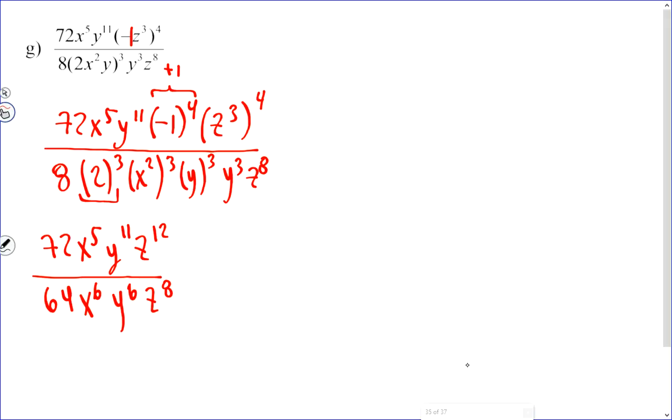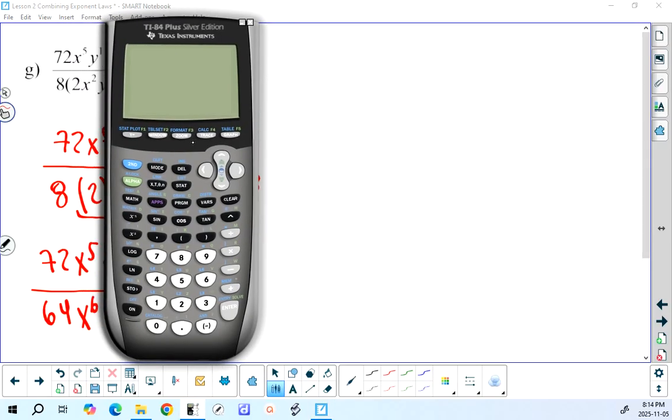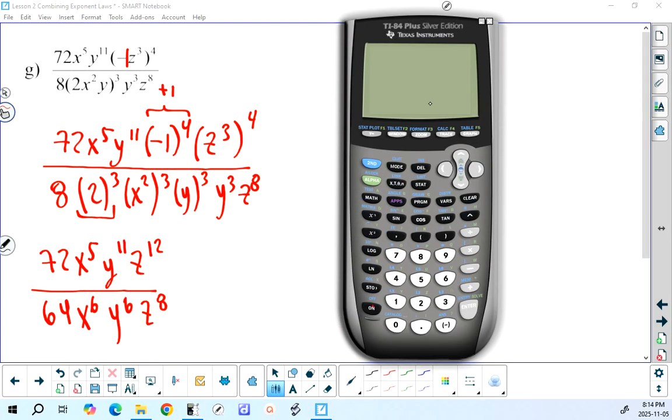We have to figure out what 72 over 64 is. And there comes a time in our lives where, particularly at the end of a lesson, maybe we just want to use our calculator. It's okay to take the easy road sometimes.